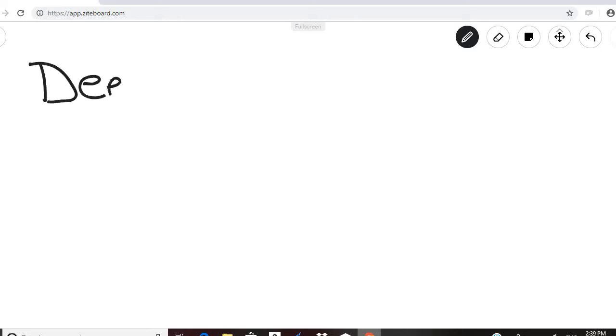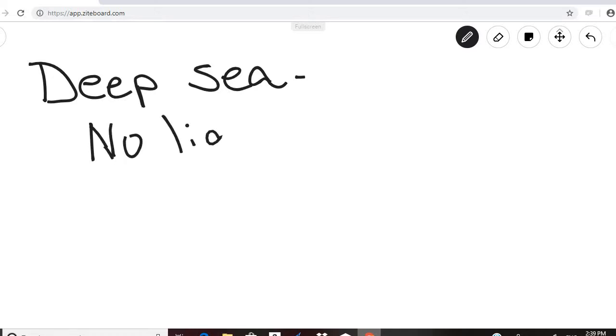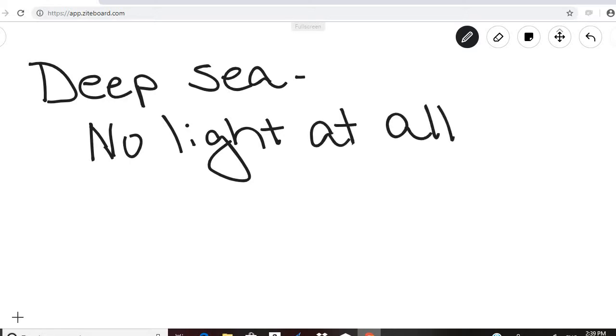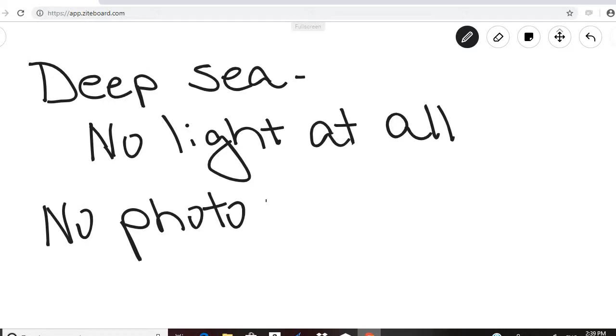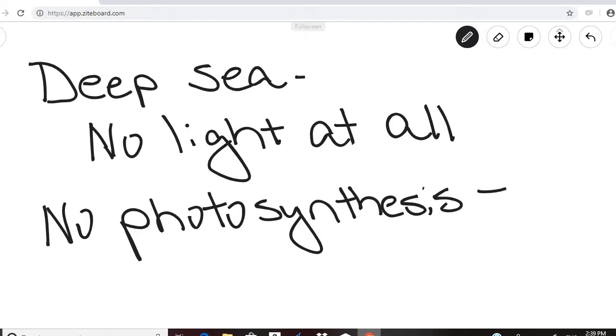But then when we get to the deep sea, in the deep sea there is no light at all. So the light does not penetrate the deep sea at all. So if there's no photosynthesis, that means that there are no producers at all.